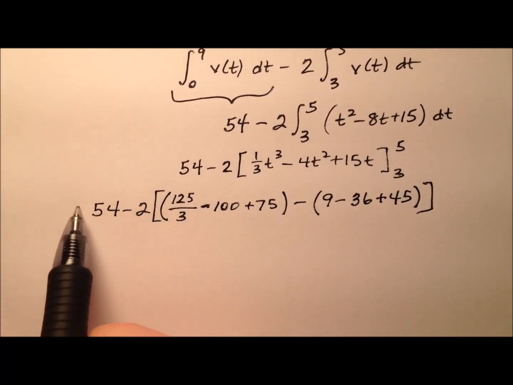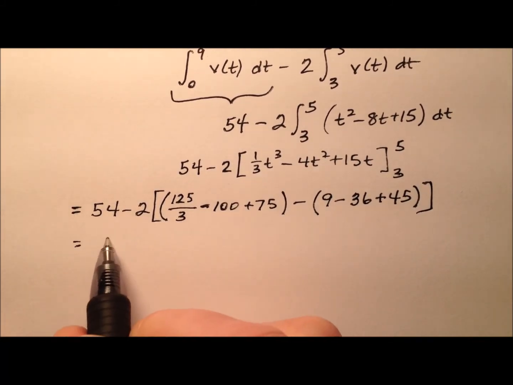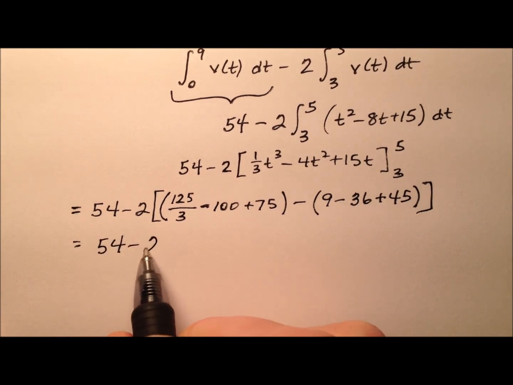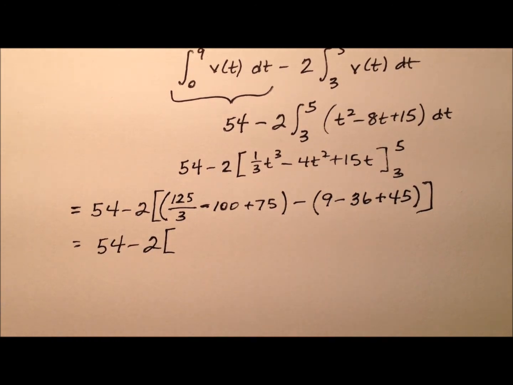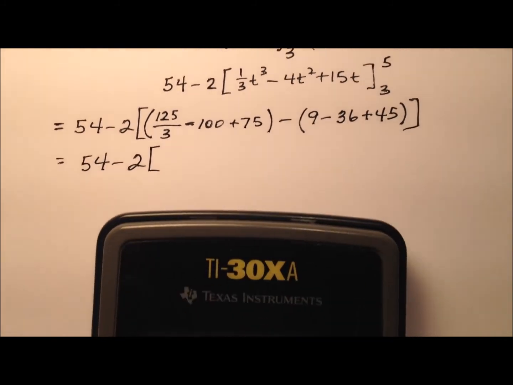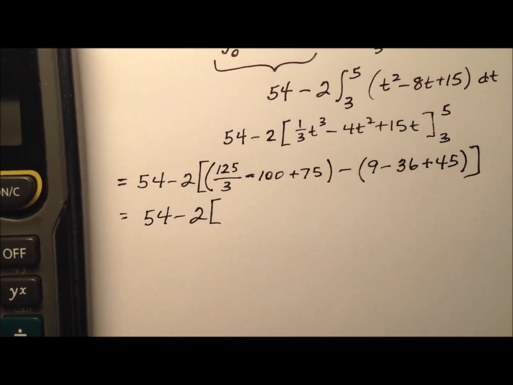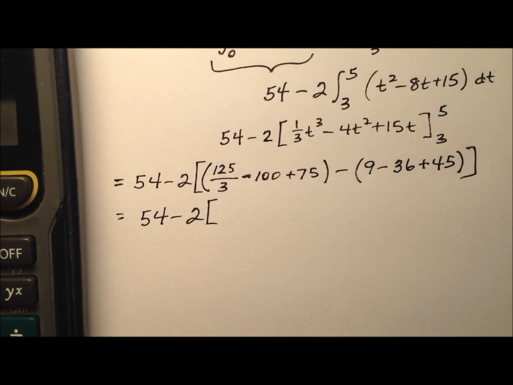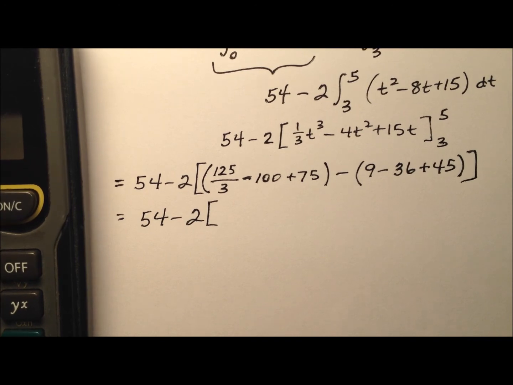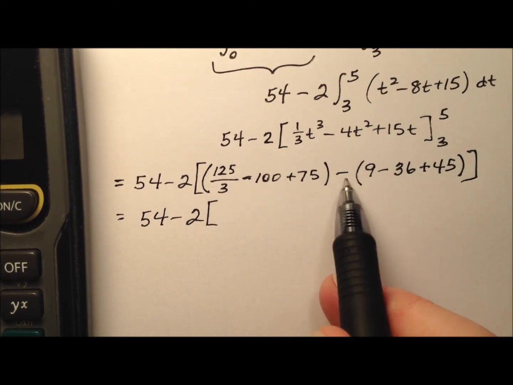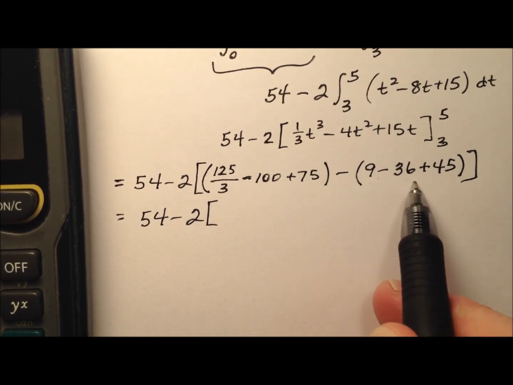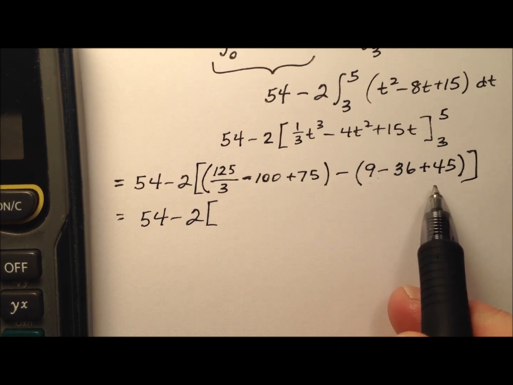Okay, so once we evaluate this, we will know the total distance traveled. I'm going to grab a calculator to help me out on this part. So we have 125 thirds, and we're going to subtract 100 and add 75. And then here we're going to subtract the 9, add the 36, and subtract the 54.